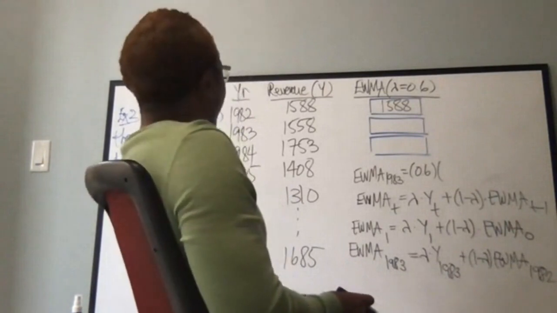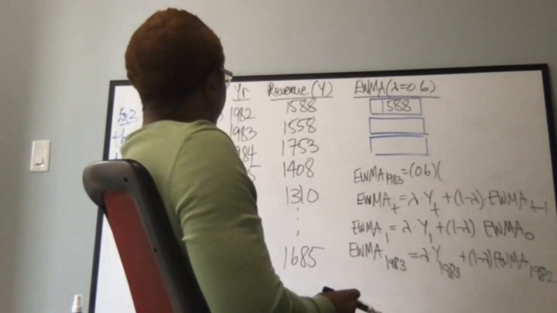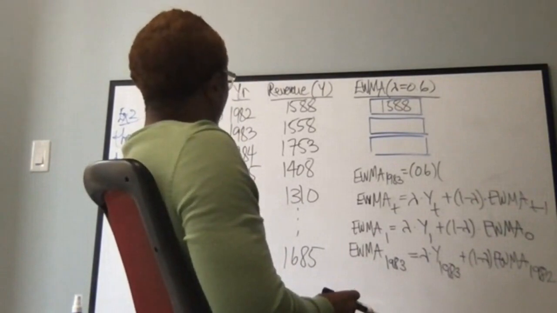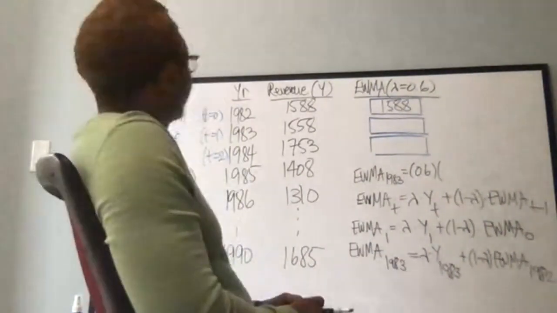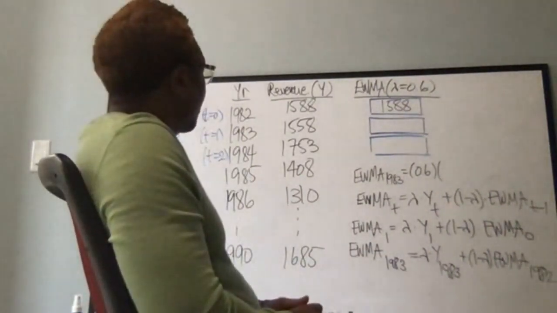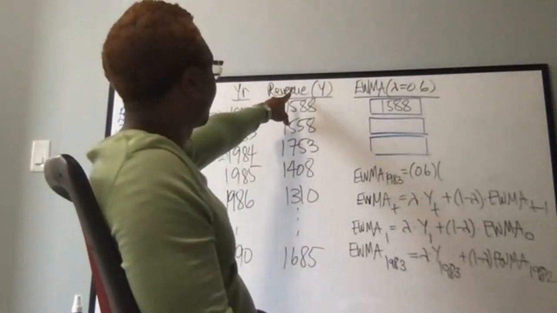Kiara, what is y of 1983 according to the chart? What value? Y of 1983. Any idea? Remember, this is the y column right here.